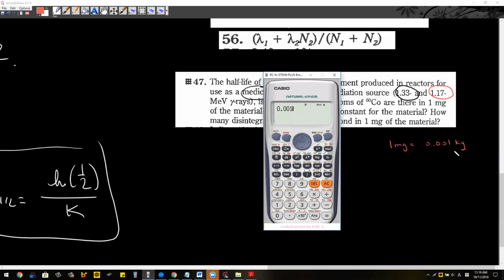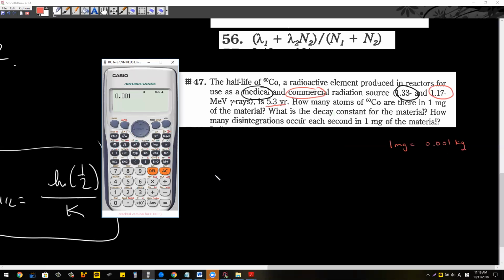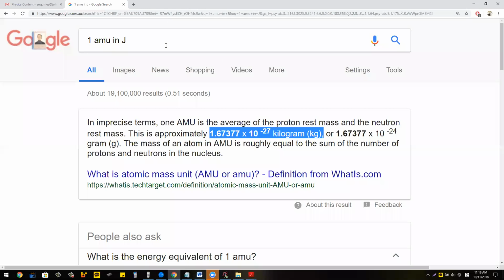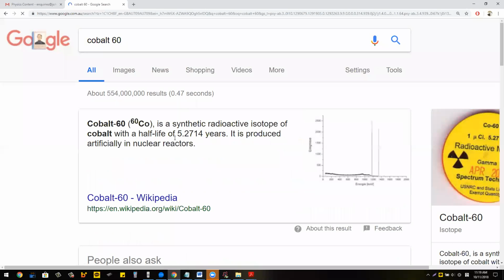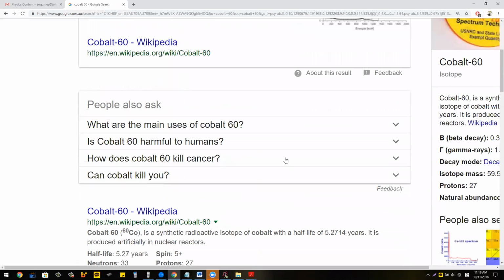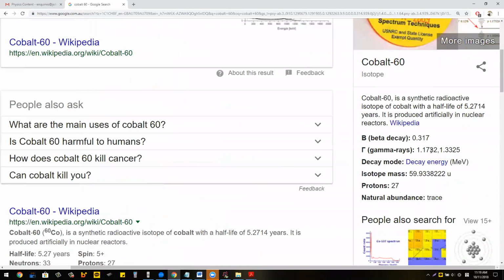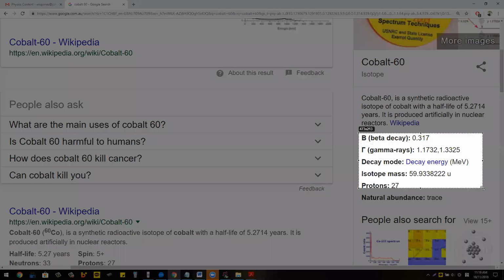And then let's have a look at the mass of cobalt-60. It gives two types of gamma rays like that. So I'm just going to paste this one.